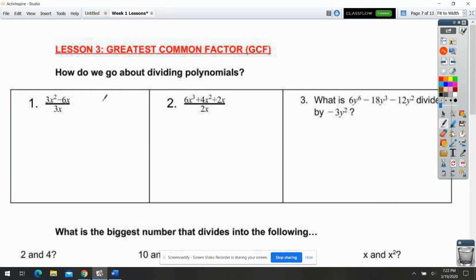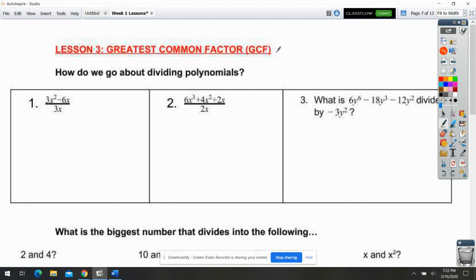So in order to be successful with determining the greatest common factor and factoring out of an expression, we need to know how to divide polynomials. Similar to multiplying with variables, when you multiply, you add the exponents. So when we divide, we do the opposite.